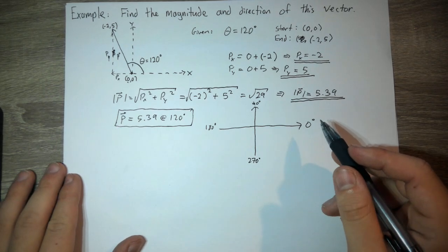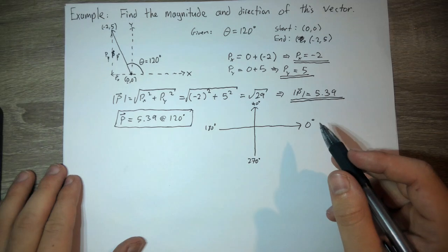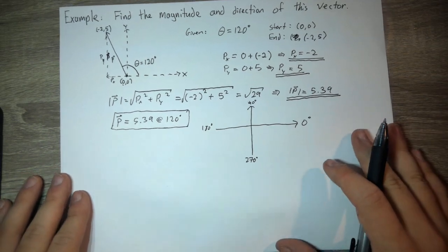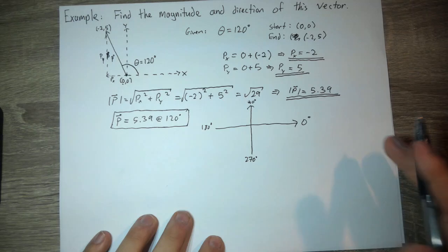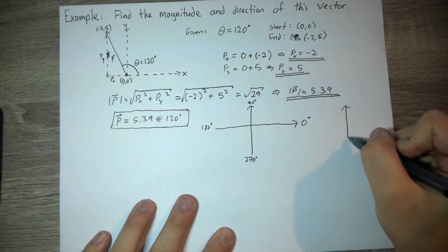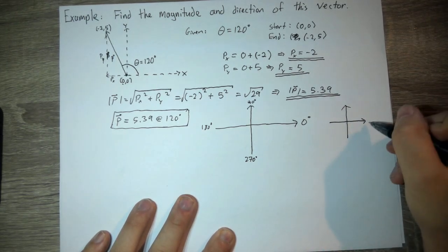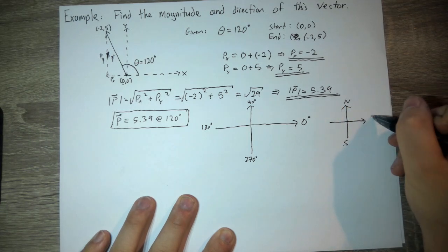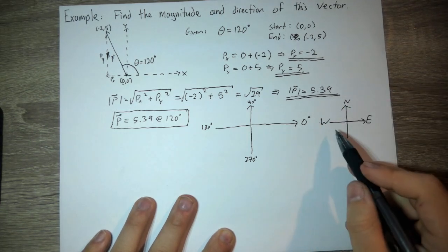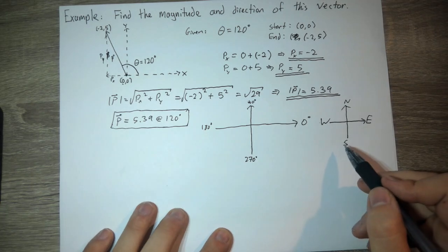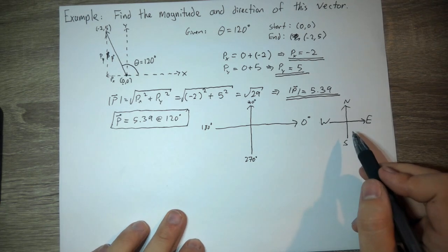But there are a lot of times where you want to express it in the form of a direction, like on a compass, where you have north, south, east, and west. A lot of times questions will want you to put it in this form.